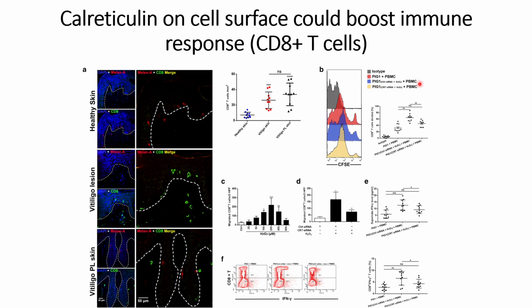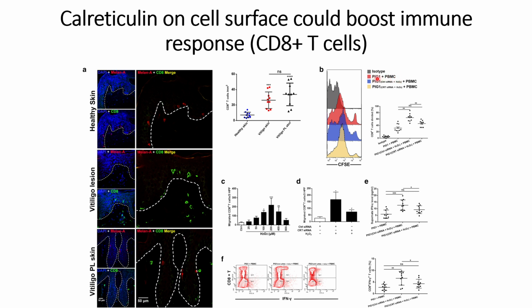In this case they checked the signals for CFSE, which is the indication for CD8+ T cell formation. What they found is that they used these PIG1 cells with PBMC, the blood cells derived from the patients.